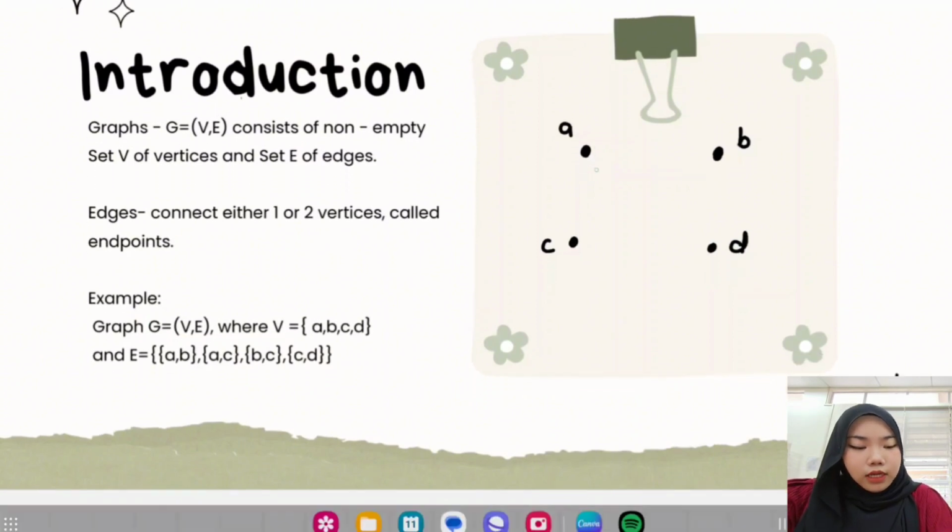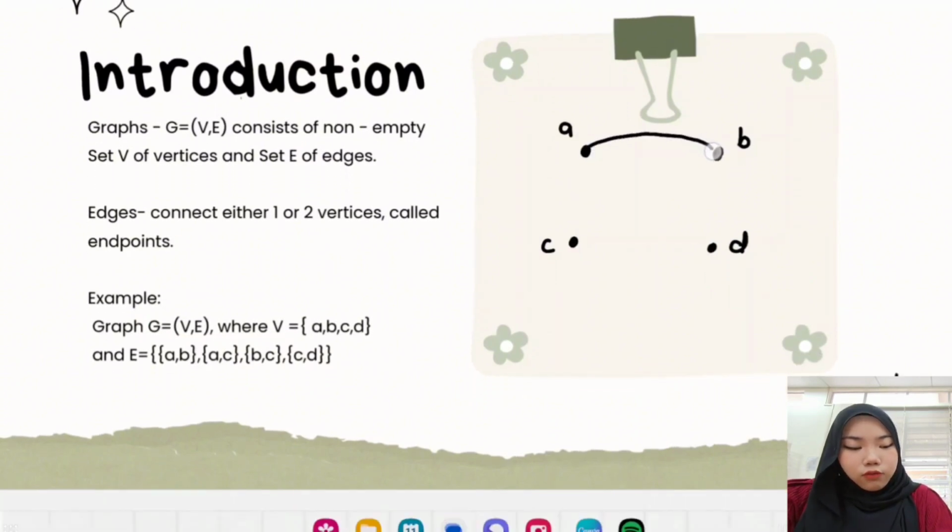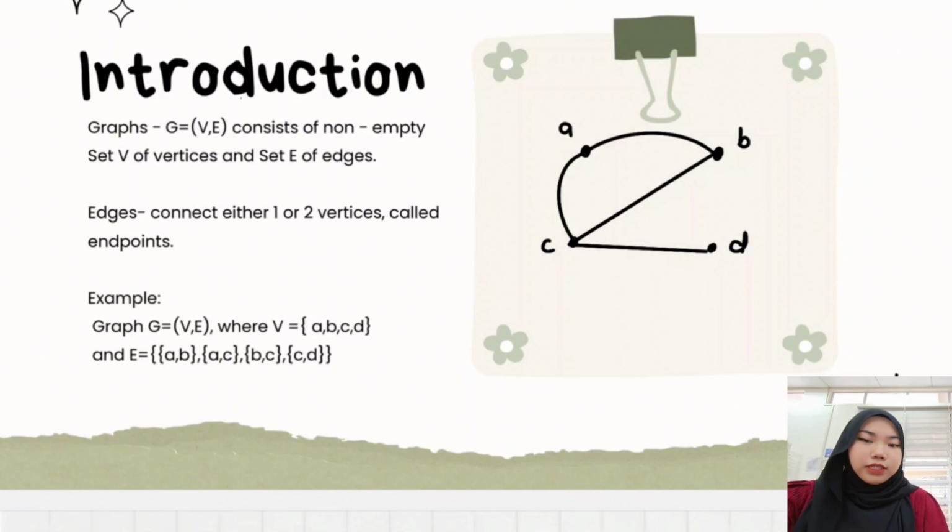AB means A goes to B, and then AC, BC, and then CD. So this is the basic of graph.